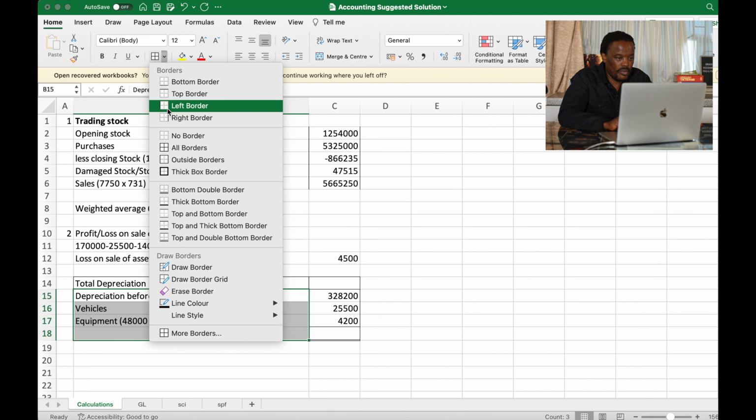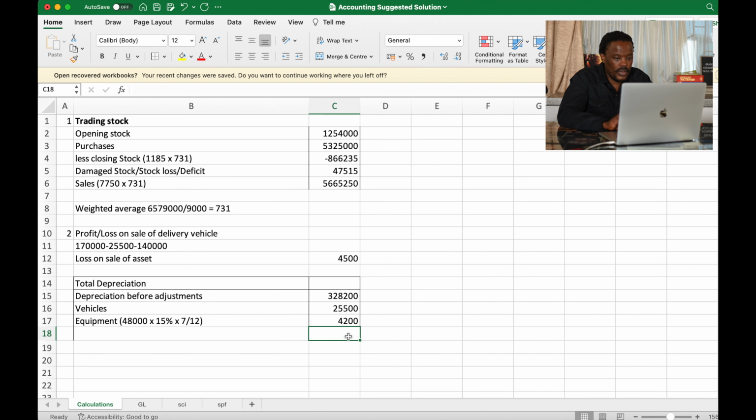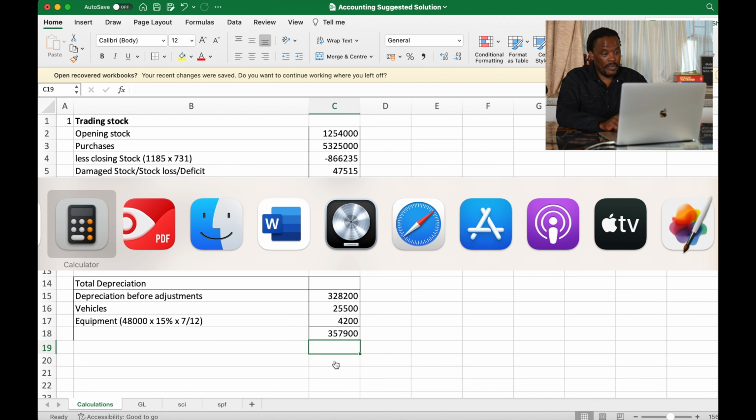Close it here. Total value of depreciation equals the one which was given plus the one for vehicles plus the one for equipment, which the total becomes 357,900.